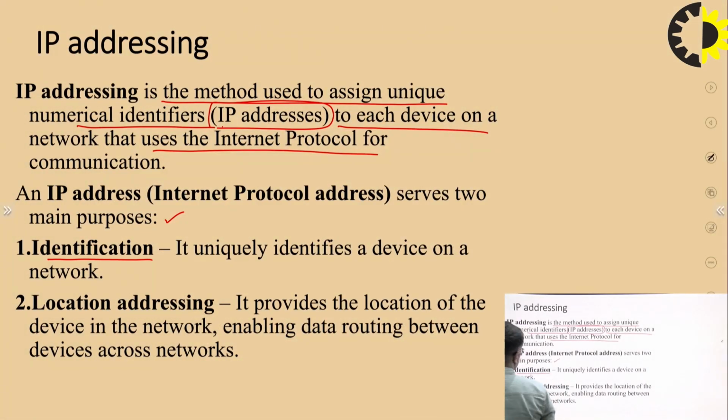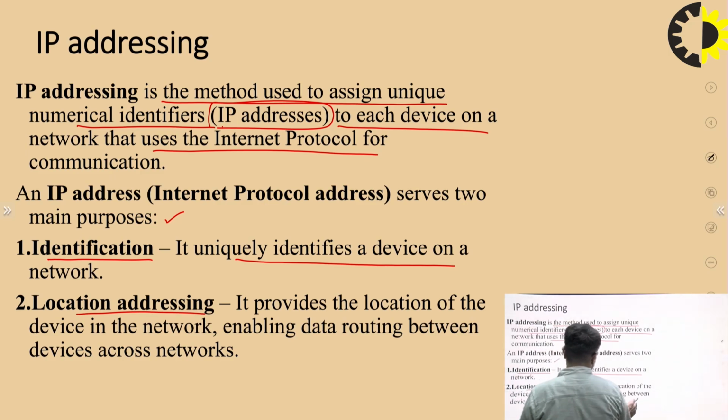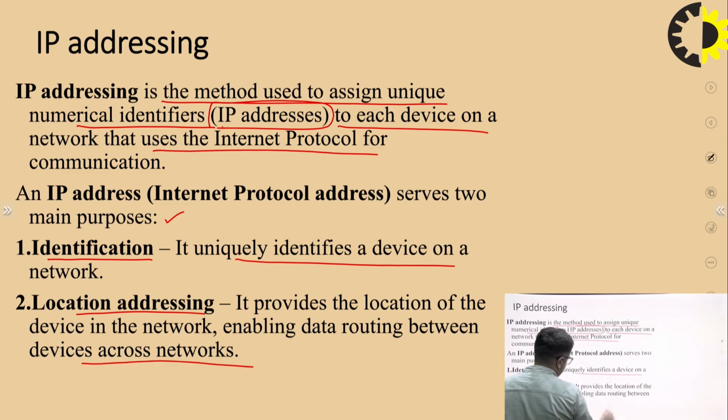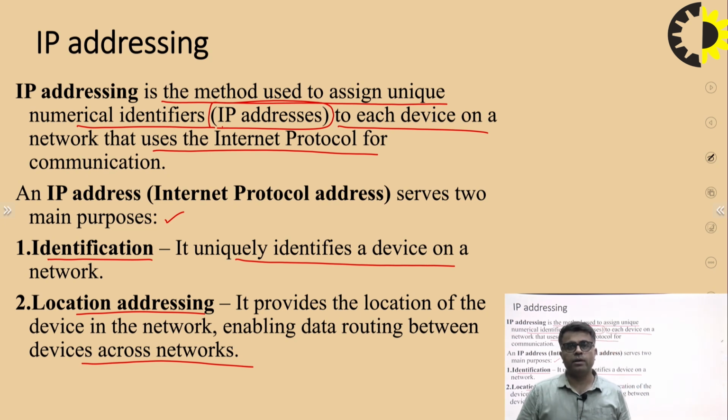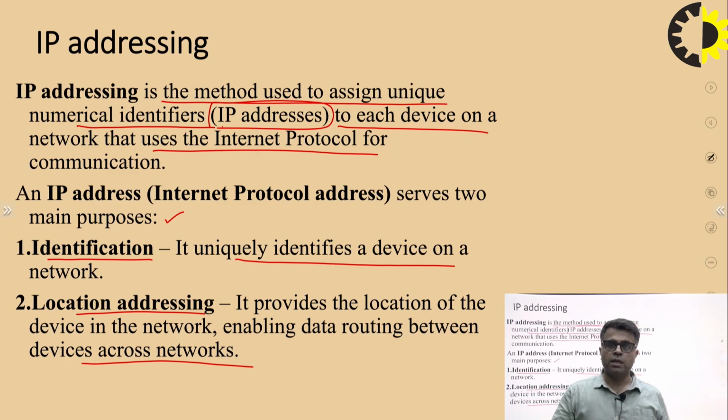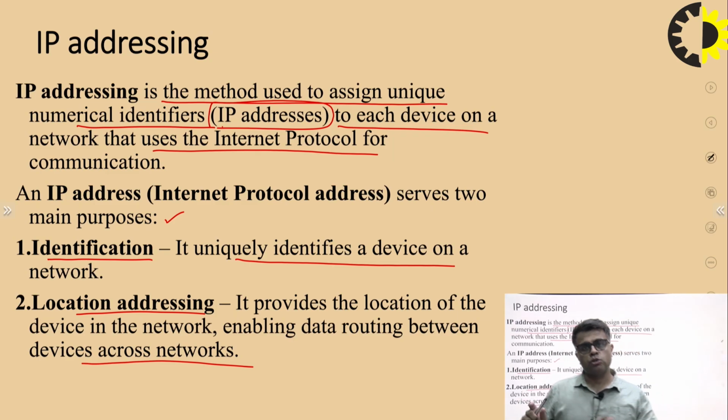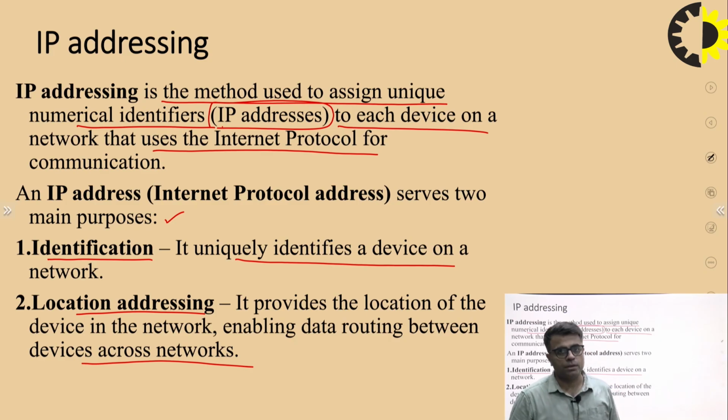First one is identification: it uniquely identifies a device on a network. Then location addressing: it provides the location of the device in the network, enabling data routing between devices across networks. So first, it locates that device within the network, and whenever a device external to the network wants to communicate with that network, devices from outside can also identify the same device using the IP address.